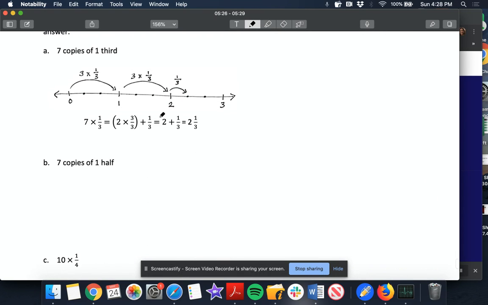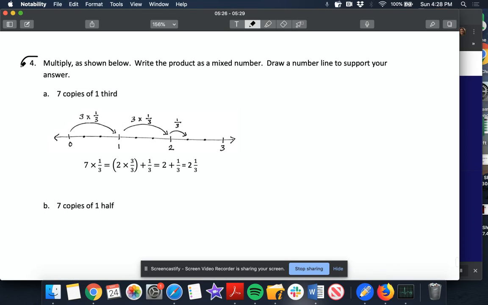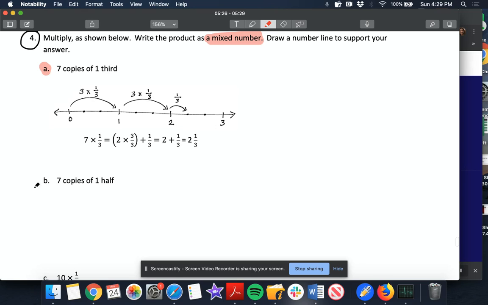Number 4 asks us to multiply as shown below, write the product as a mixed number, and draw a number line to support your answer. Okay, seems easy enough. They did 4A for you. Let's move on to 4B. So they want 7 copies of 1/2.